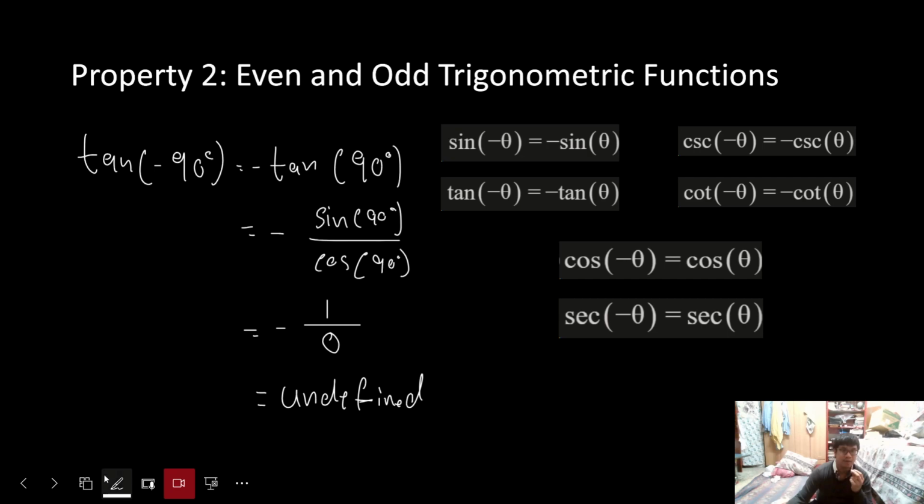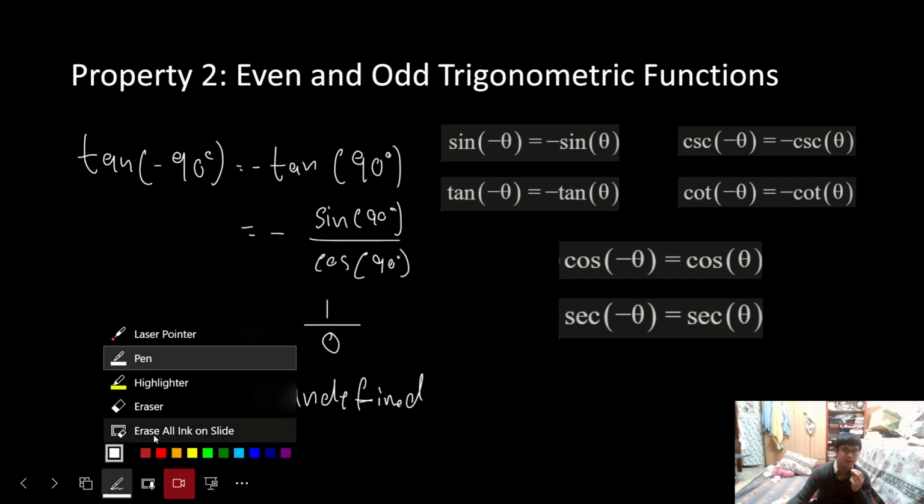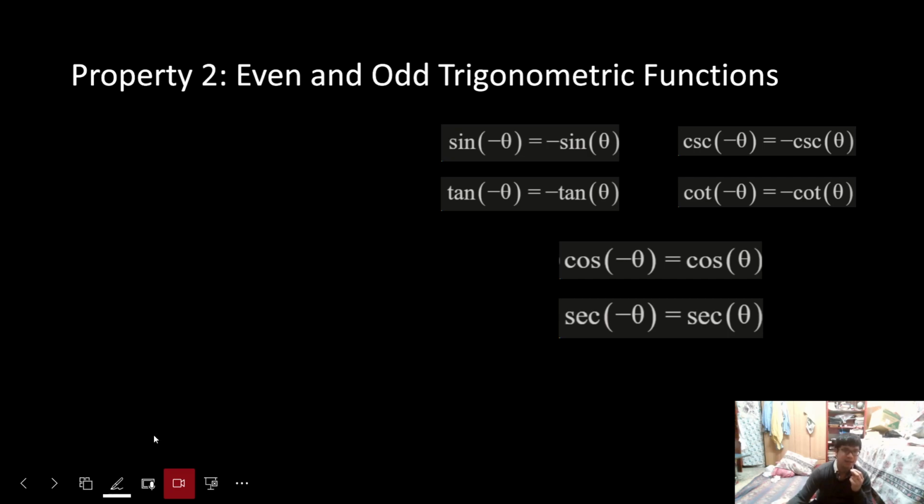Let's have an example for the cotangent of negative theta. Let's try a different number, something that is not special. Let's just say 20 degrees.